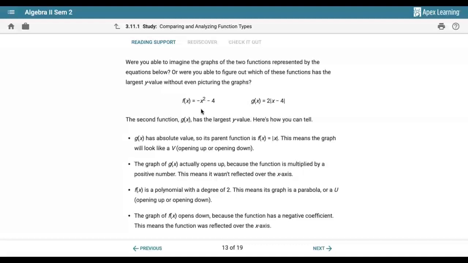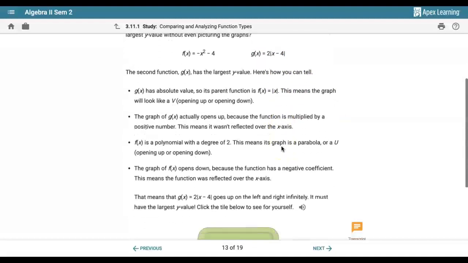So that tells me that this is going to be a very negative-pointing graph, whereas this one is our absolute value parent function, and since the constant out in front is positive, both sides of our graph are going to be increasing due to the absolute value graph.